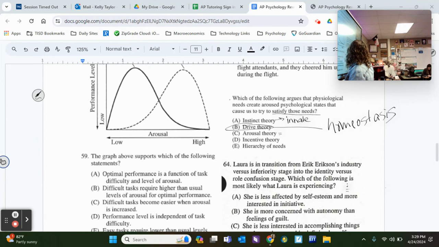Arousal theory, this is like why we climb Mount Everest and why we skydive. What are the two incentives that we respond to? Money, which is external, and internal.